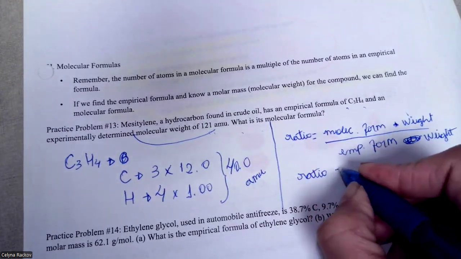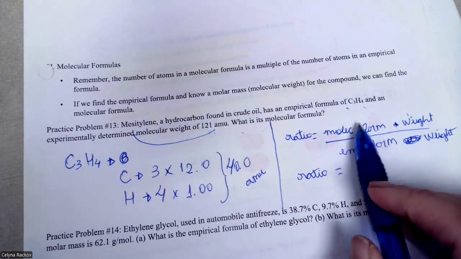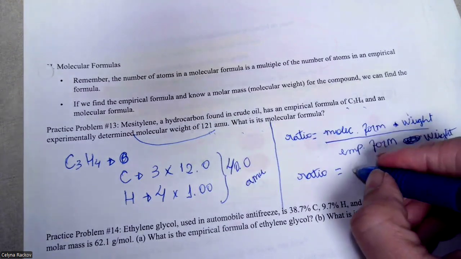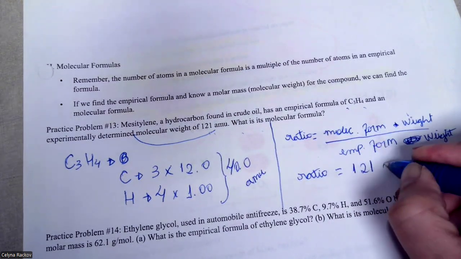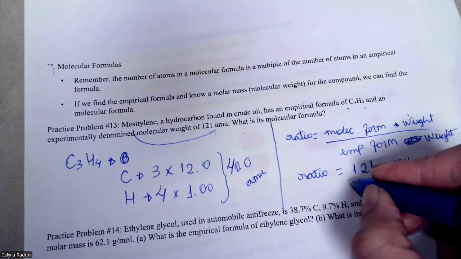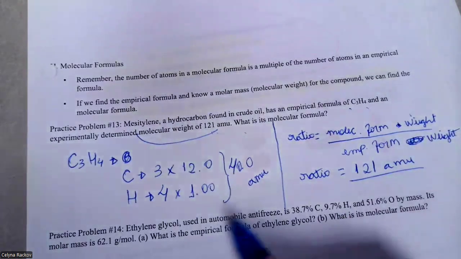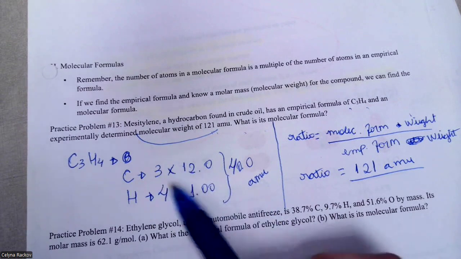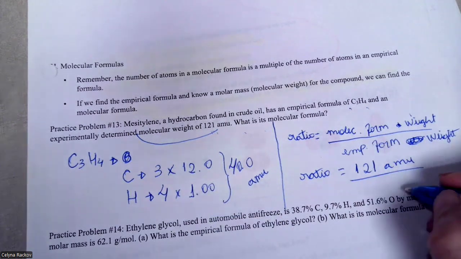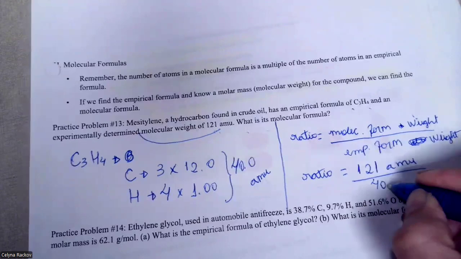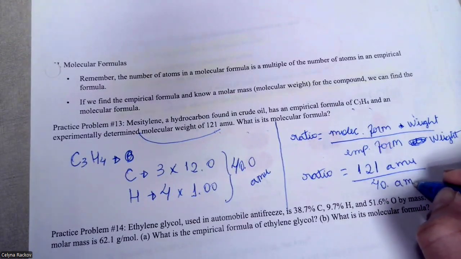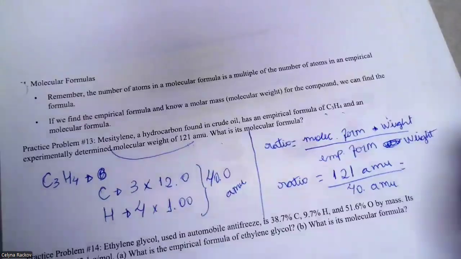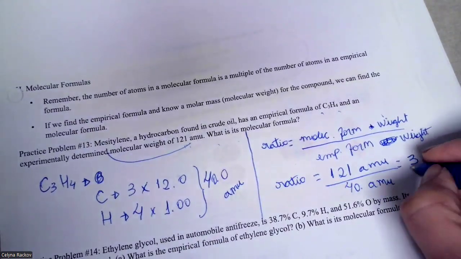Ratio is equal. The molecular weight of the molecular formula is 121, right? Atomic mass units. And the molecular weight of the empirical formula is about 40 here, correct? So if you divide this by this, the closest whole number will be 3, right?